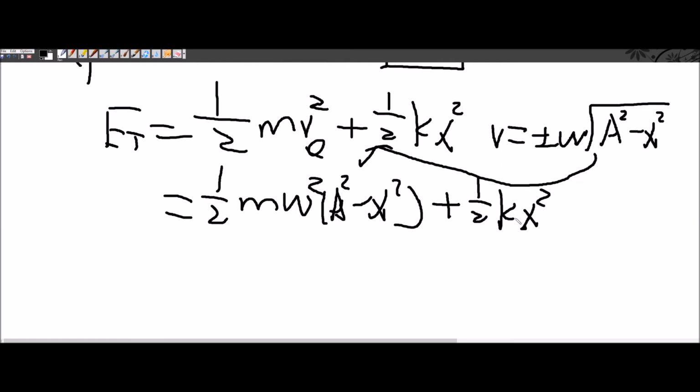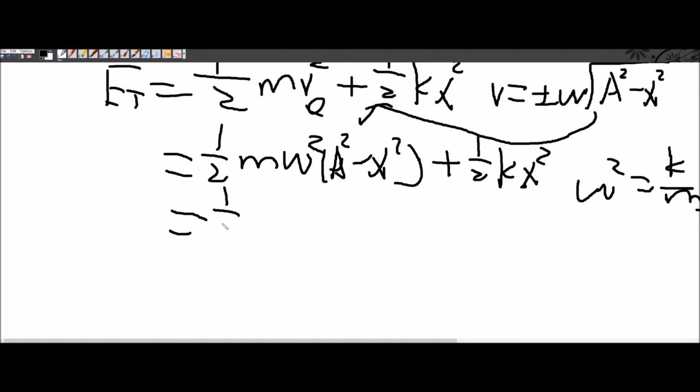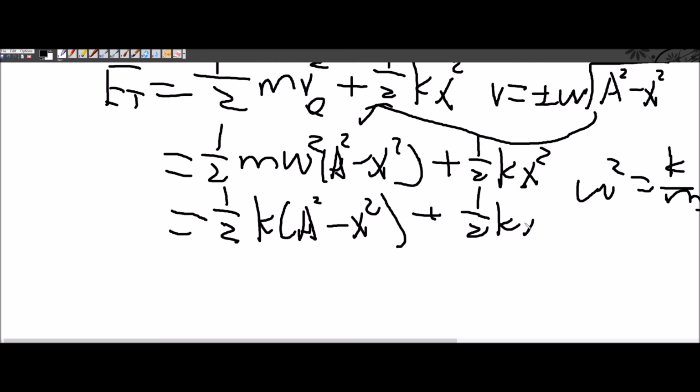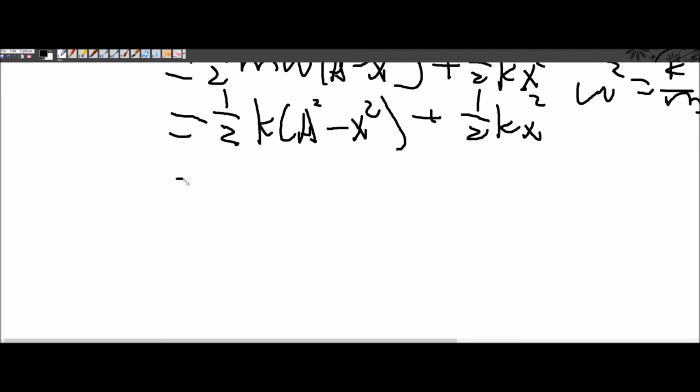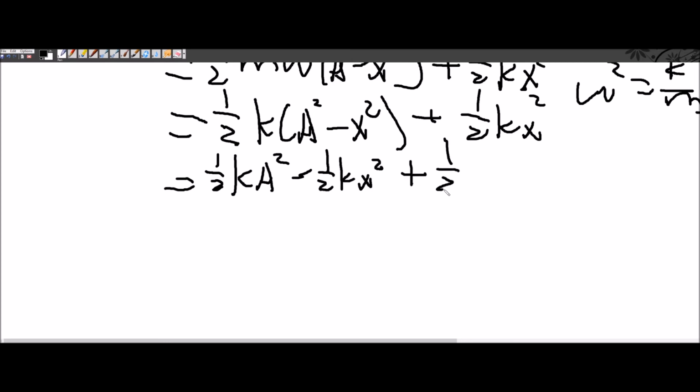Now we can write omega squared as k over m, right? So we can replace this, and you see the m's cancel out, so we get 1/2 k (a squared minus x squared) plus 1/2 kx squared. Now we can expand this, it becomes pretty obvious, you can cancel them out. So you get 1/2 k a squared minus 1/2 kx squared plus 1/2 kx squared.